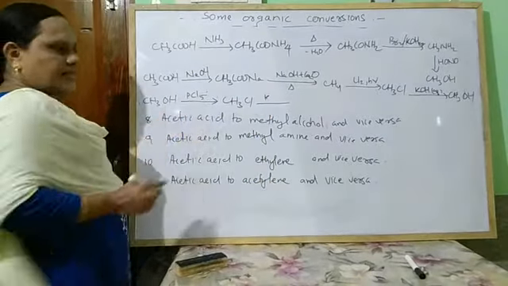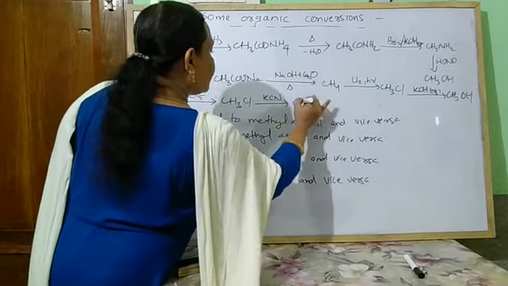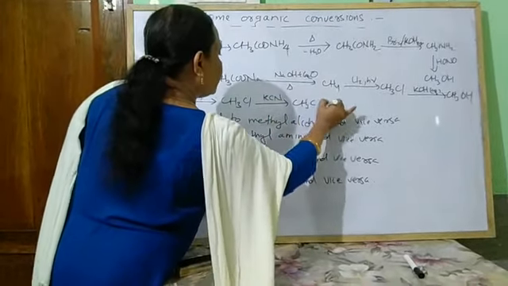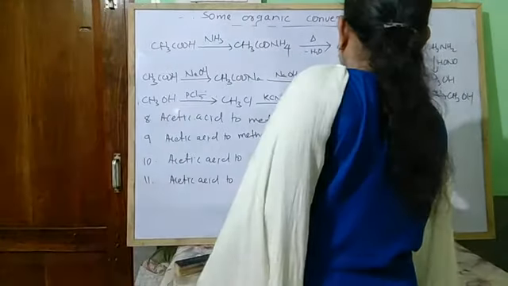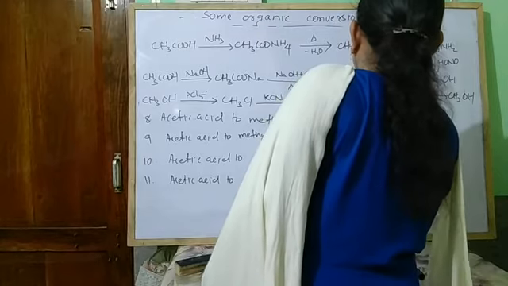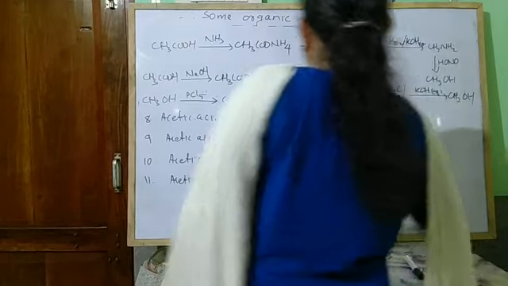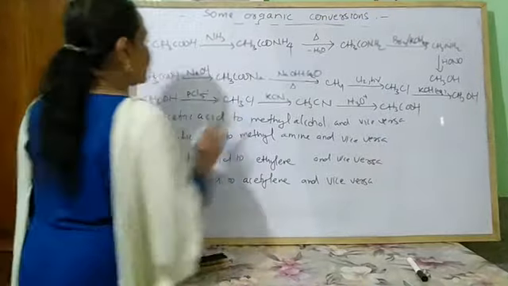PCl3 gives rise to CH3Cl, treated with potassium cyanide, which on acidic hydrolysis forms acetic acid. That is methyl alcohol to acetic acid.